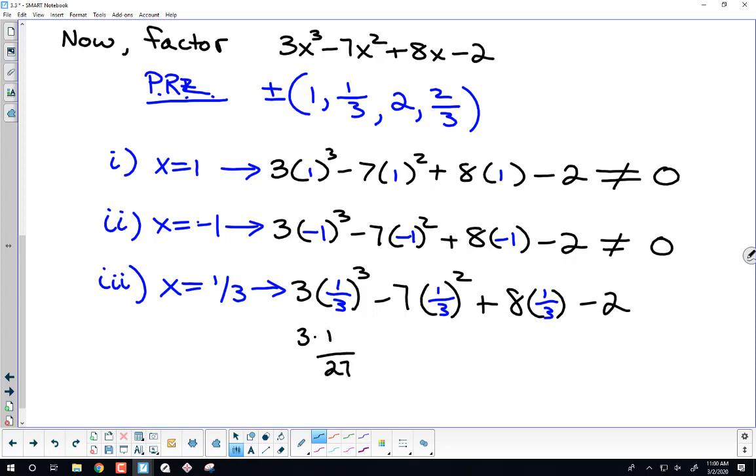The 3 over 27, or 3 times 1/27th there, minus 7 times 1/3 squared. 1/3 squared is 1 times 1 on top, 3 times 3 on bottom. So 1/9, or 7 over 9, plus 8 over 3, or 8 times 1/3, minus 2.